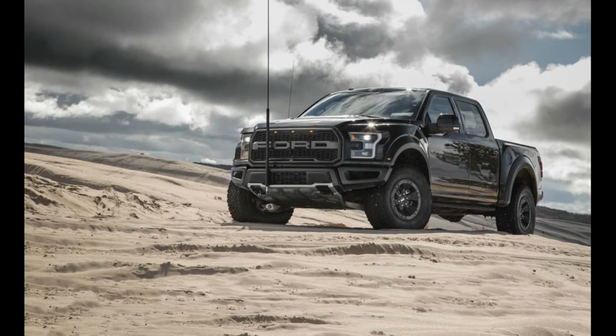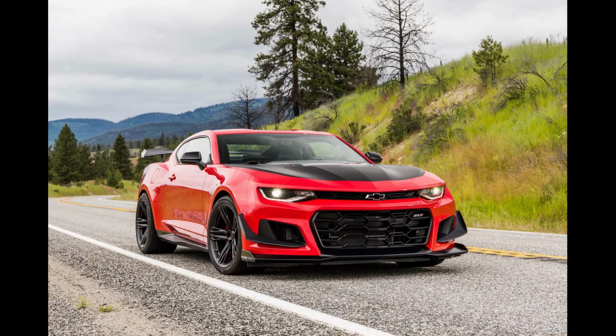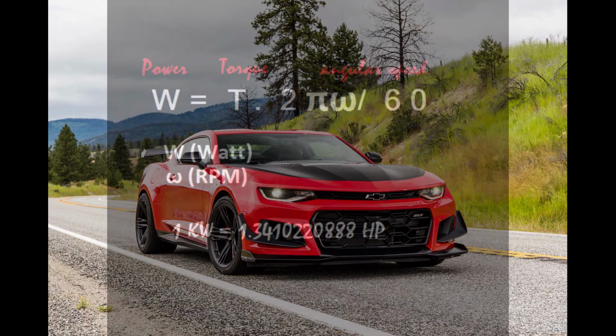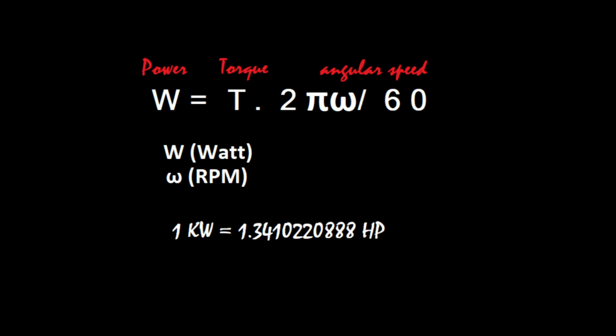What is confusing about these two amounts, torque and horsepower, is when you bring two cars that have the same horsepower but one has more torque than the other, and a lot of people get confused. But you will definitely find the RPM higher in the car having lower torque. Remember, the power represents the amount of energy produced in a defined time, and the unit of time in this equation comes from the RPM.